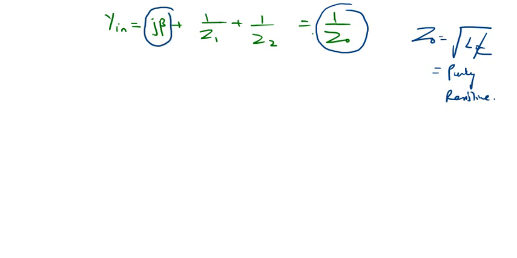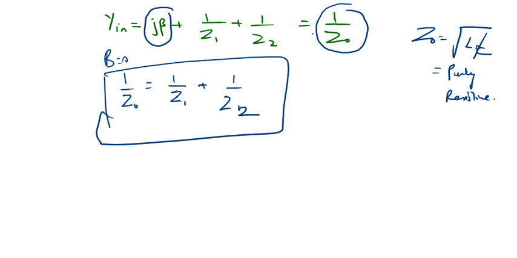So if it is lossless, this quantity is purely resistive only, so B should be equal to 0. It means 1 divided by Z naught should be equal to 1 divided by Z1 plus 1 divided by Z2. This is the condition that we are going to use in the lossless case.